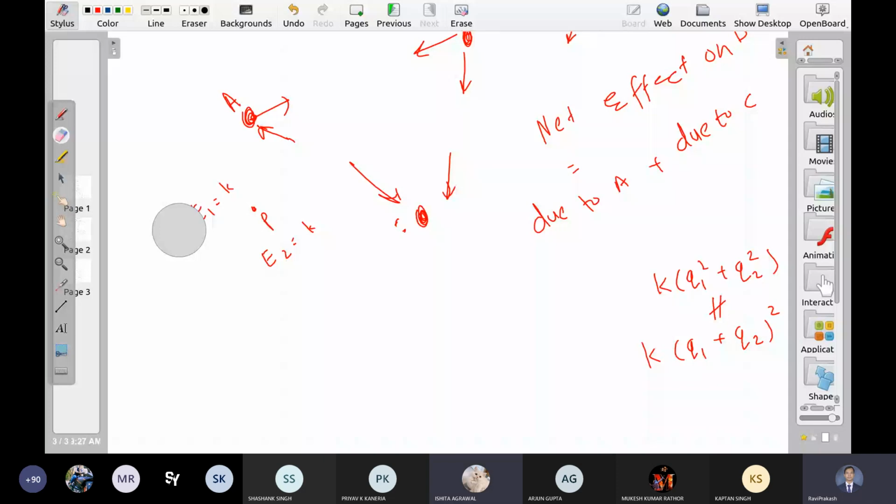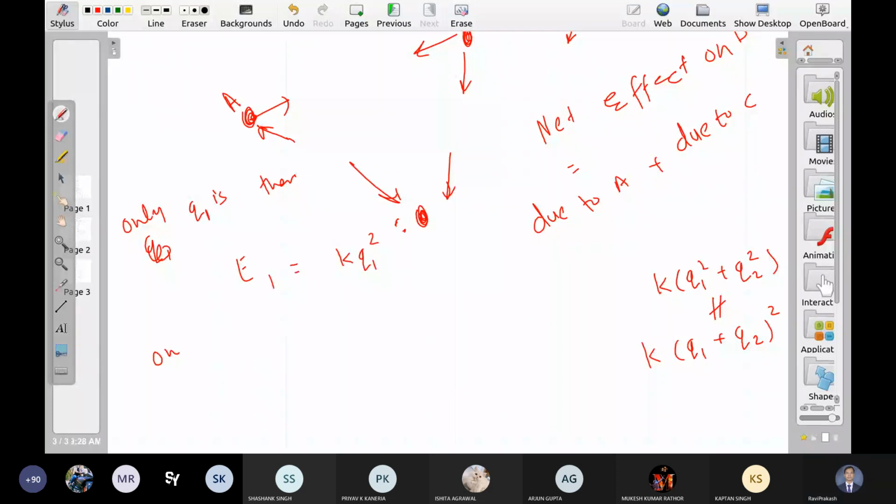See, when only Q1 is there, then what is the electric field? Something like this, E1. Only Q2 is there, E2 at the same point is this much.